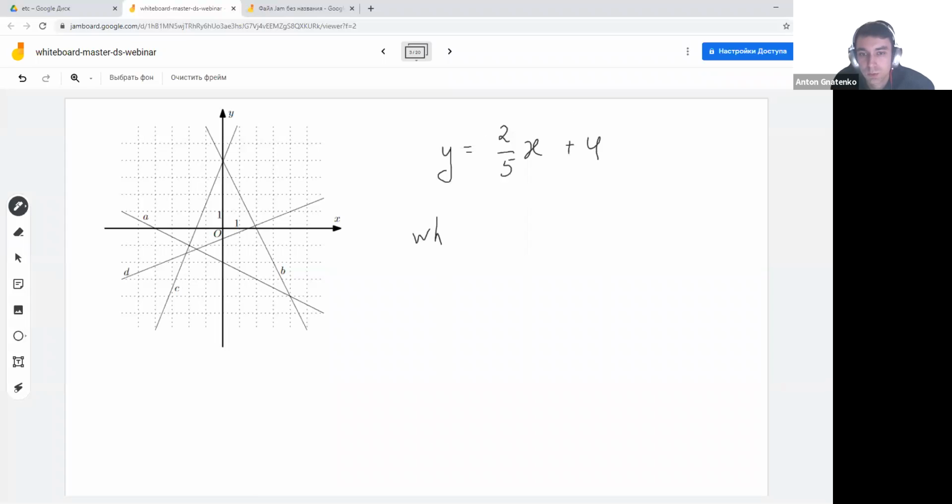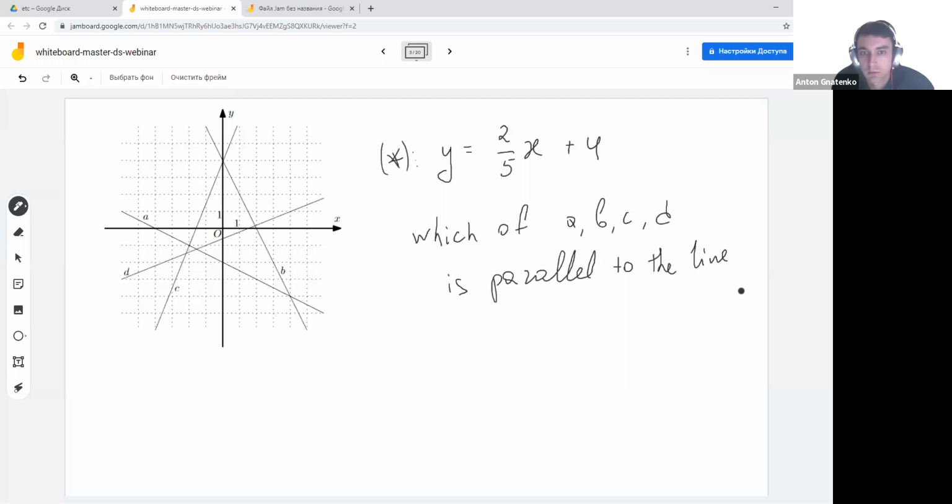So the question is, which of A, B, C, D is parallel to the line, I'll write it like this, star, which corresponds to this equation.